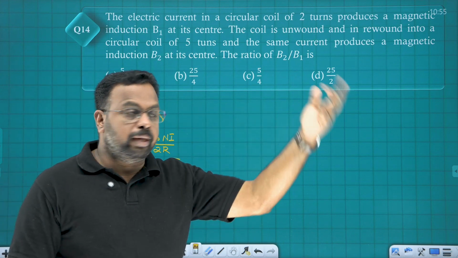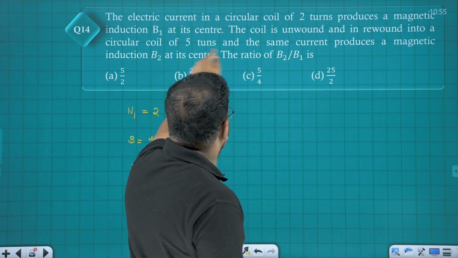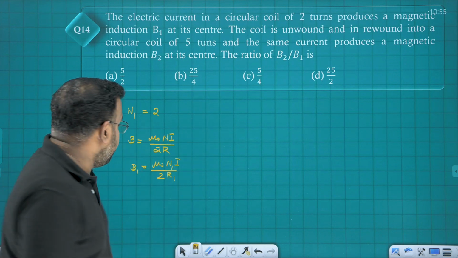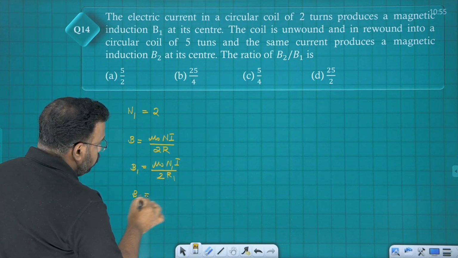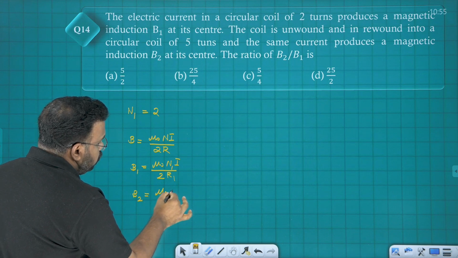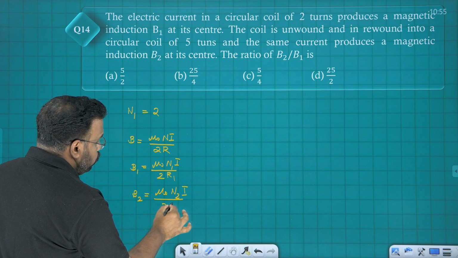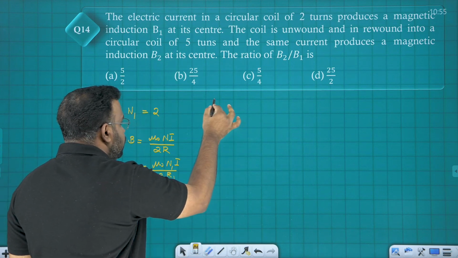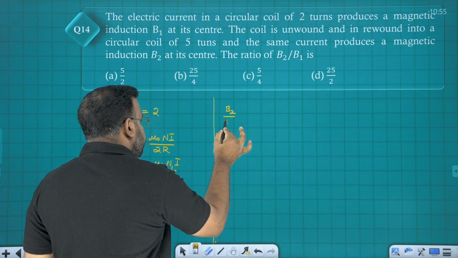This is unwound and rewound. The coil is unwound and rewound into another circular coil of 5 turns and the same current. So current is the same. We don't know the new radius. So if we take the new number of turns as N2, current remains the same, but the radius will become R2, so 2R2. We have to find B2 by B1. So let's take the ratio B2 by B1.